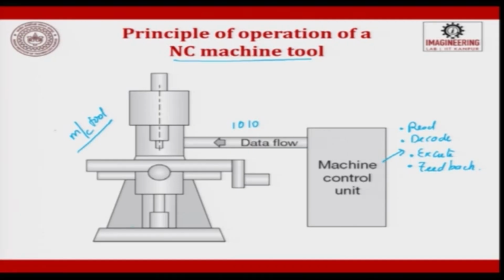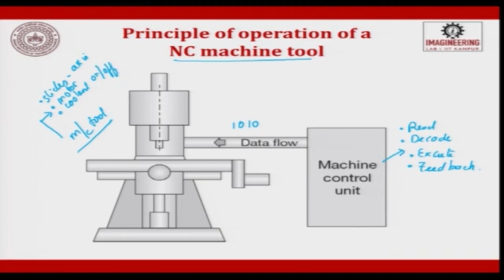So, what is there in a machine tool? You will have slides, that means to say axis motion, then you will have motors, then you will have coolant on off. All these things are there inside a machine tool. So, that data is given.